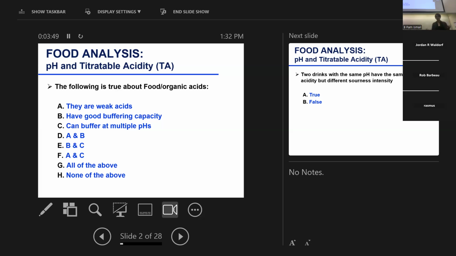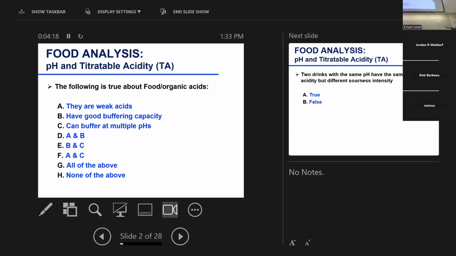So when you have different dissociation factors, the acid can buffer at multiple pHs. And we'll give later on examples of different organic acids with different numbers of carboxylic groups: acetic acid versus vitamin C, or ascorbic acid, versus malic acid, one, two, or three. Not in that order, but we'll show you later.